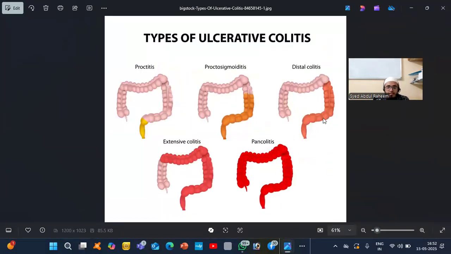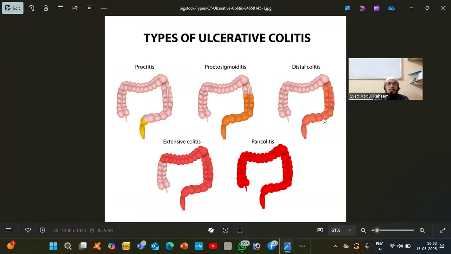This is the last one, that is ulcerative colitis. In the colon, there is formation of ulcers. It will start mostly in the large intestine. There are different types of ulcerative colitis: proctitis, proctosigmoiditis, distal colitis, pancolitis, extensive colitis.